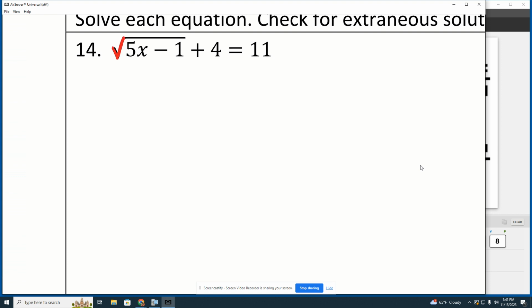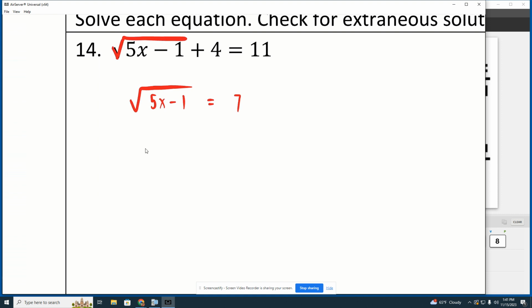Remember, the first thing we're going to do is isolate that radical. So I'm going to subtract 4. That's going to leave me with the square root of 5x minus 1. And then 11 minus 4 is 7. So we've done step 1. Everything is moved away from this radical.